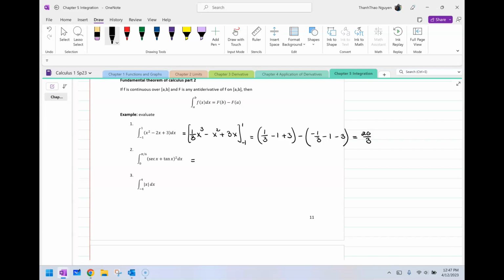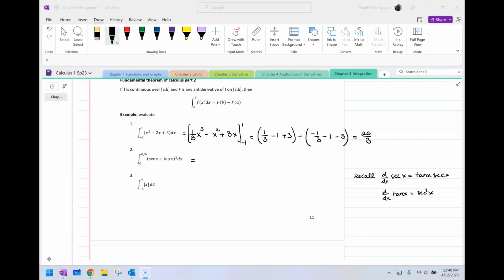The next case, antiderivative of secant. So recall, the derivative of secant is equal to tangent x secant x. The derivative of tangent equals secant squared of x.